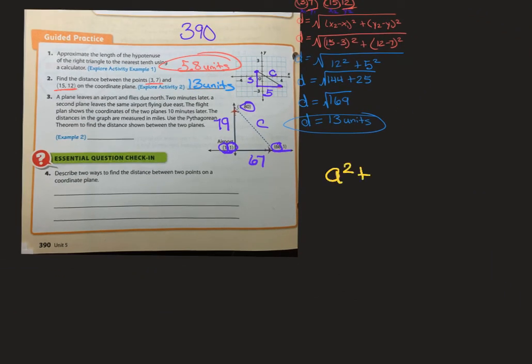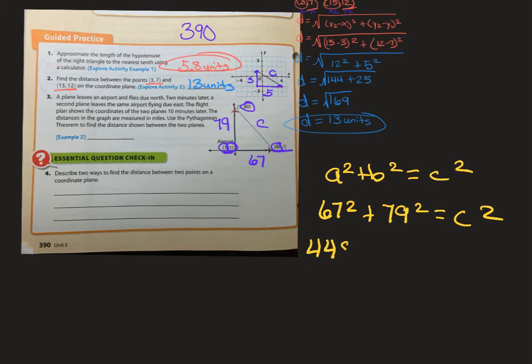Okay, so let's go ahead, I'll do that over here, and use Pythagorean theorem. A squared plus B squared equals C squared to figure out how far apart those planes are. So I'm going to use my shorter leg being A, so 67 squared plus 79 squared is going to equal C squared. Okay, so we're going to take 67 squared, which is 4,489, plus 79 squared, which is 6,241, and that's going to equal C squared.